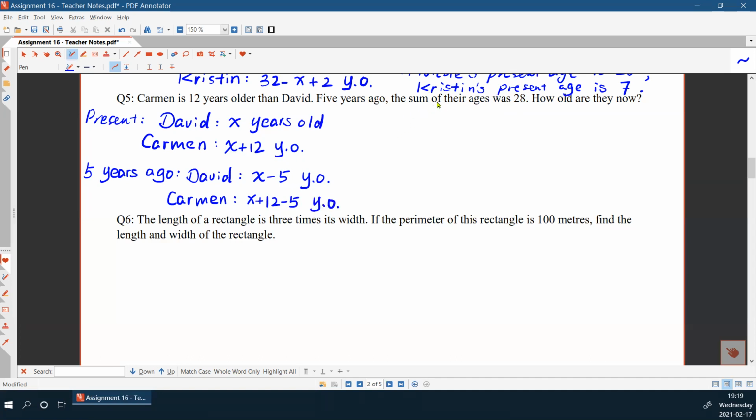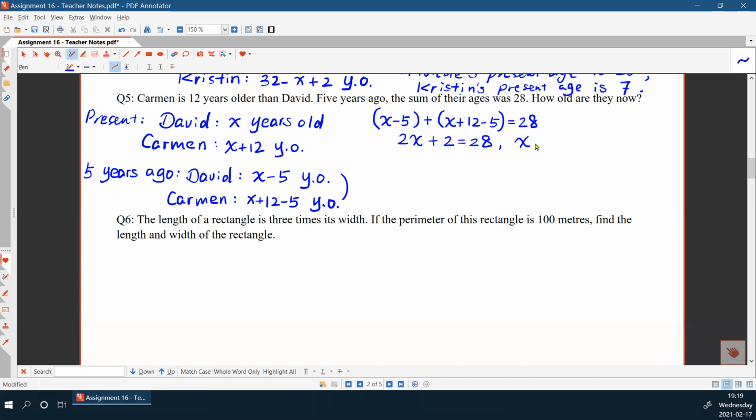And it also says the sum of their ages was 28, 5 years ago. So that means the sum of these two numbers is 28. This means X minus 5 plus X plus 12 minus 5 is 28, right? Okay, so this gives us 2X minus 5 plus 12 minus 5, which is plus 2, equals 28.